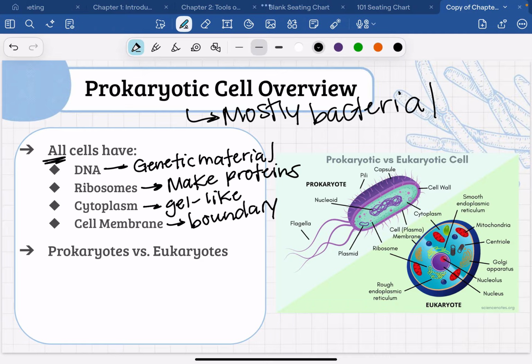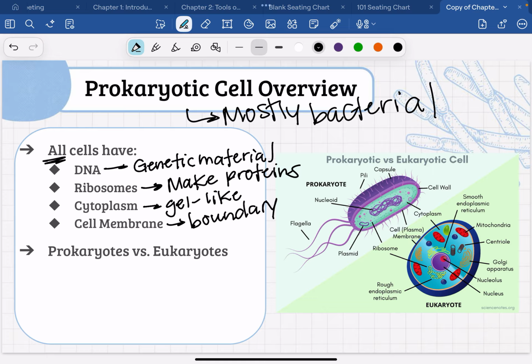All cells, prokaryotes and eukaryotes, are all going to have those 4 things. And I know I said this before, one of my favorite little sayings is that there are very few absolutes in biology, right? There are very few things that are always true or never true. There's almost always an exception. This is one of those times that there's no exception.